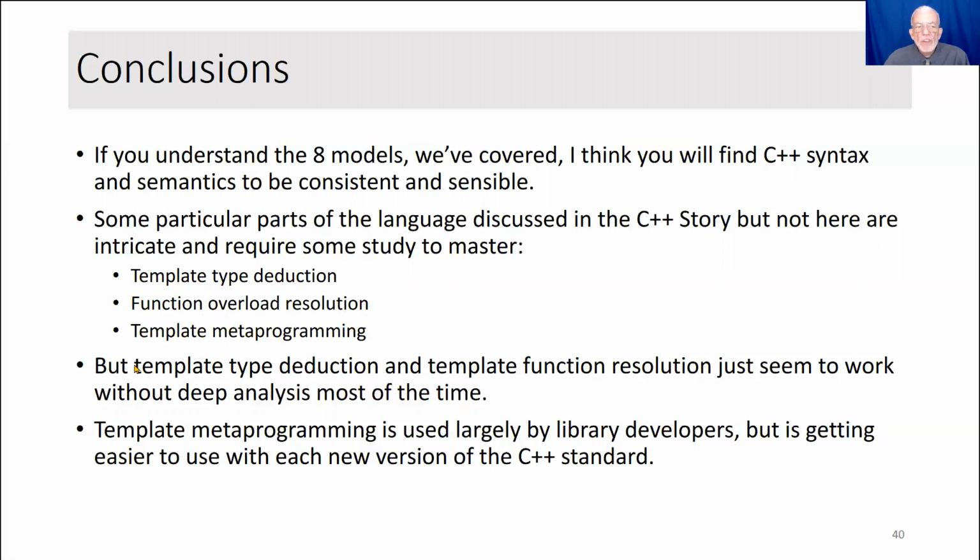But generally, template type deduction just works. You don't need to understand these sophisticated details. Every once in a while, it doesn't, and you need to fall back and look at some of those. What happened? Why did that happen? But it's rare. Usually, it works just the way you'd expect it to work.